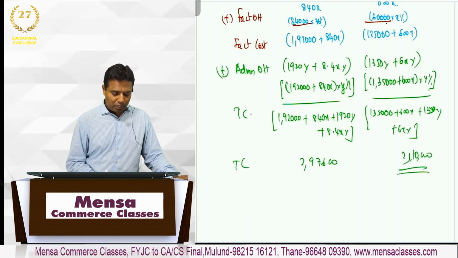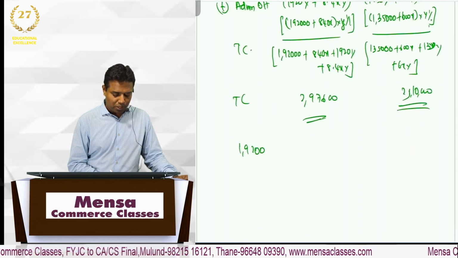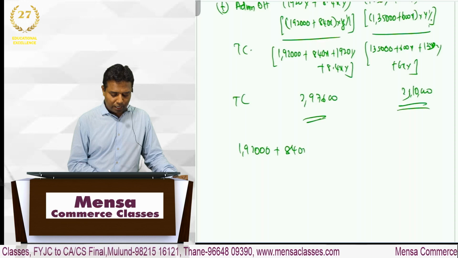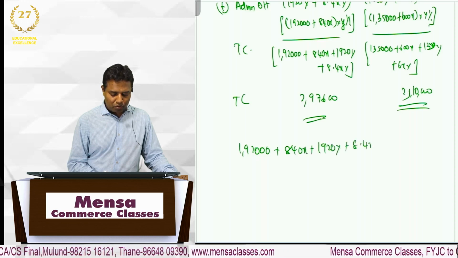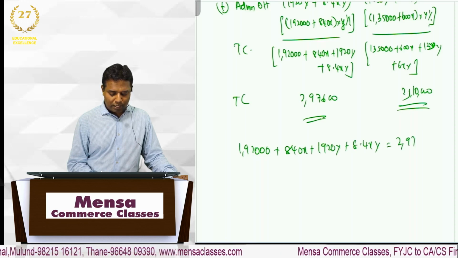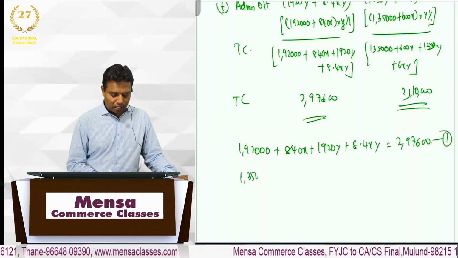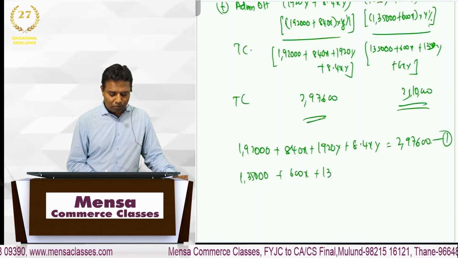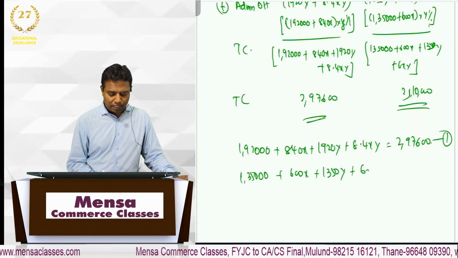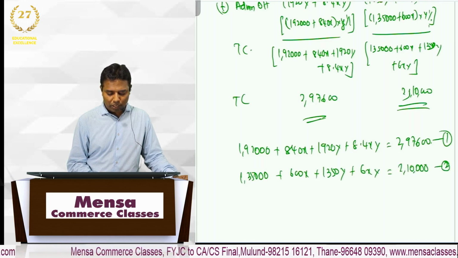Right? So equate, and you will get two equations. First equation: 1,92,000 plus 840x plus 1920y plus 8.4xy is 297,600. That is equation number 1. And 1,35,000 plus 600x plus 1350y plus 6xy is equal to 2,10,000. That is your equation number 2.